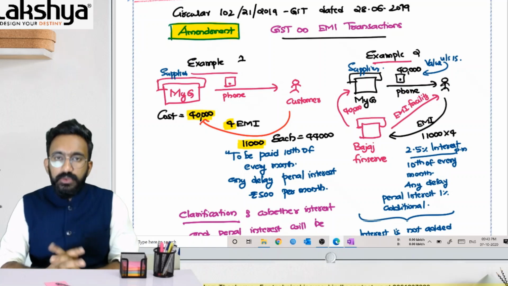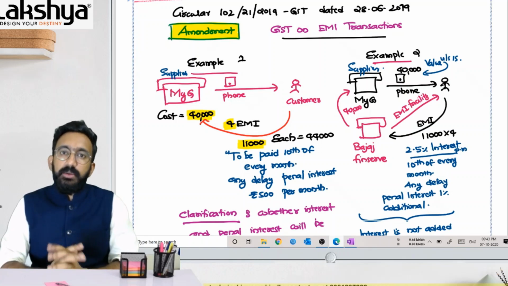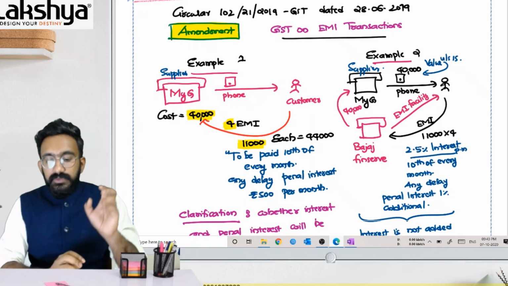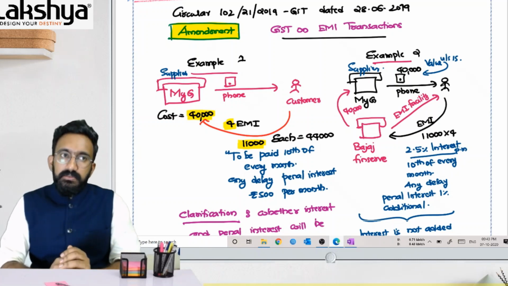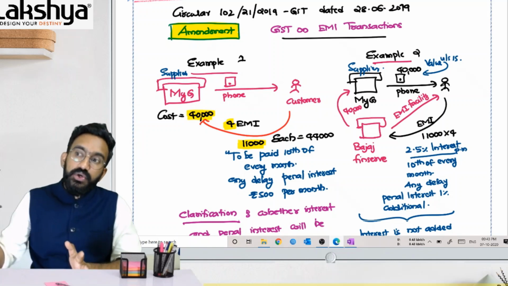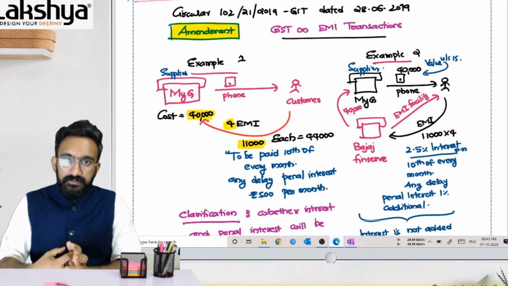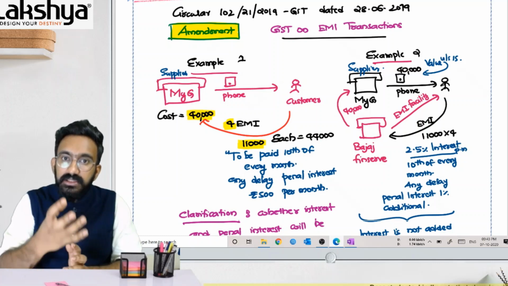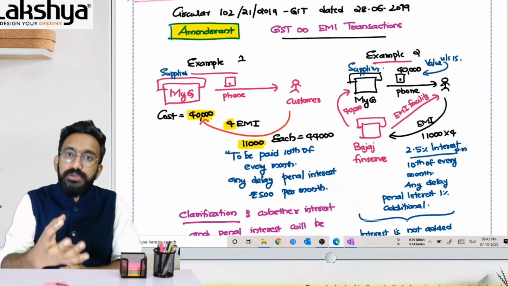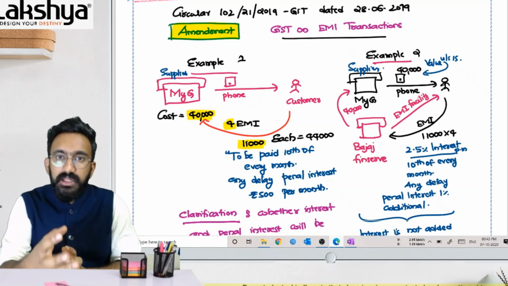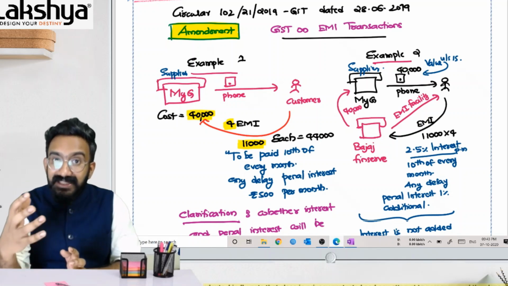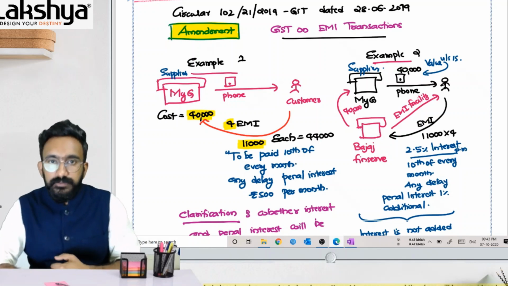You can purchase this particular mobile phone on EMI. So in such cases, to MyG, who's going to pay the money? It is going to be Bajaj Finserv who's going to pay the same 40,000 to MyG. But the customer will still have an option to pay 11,000 per month for 4 months, 44,000, but that will be paid to Bajaj Finserv.